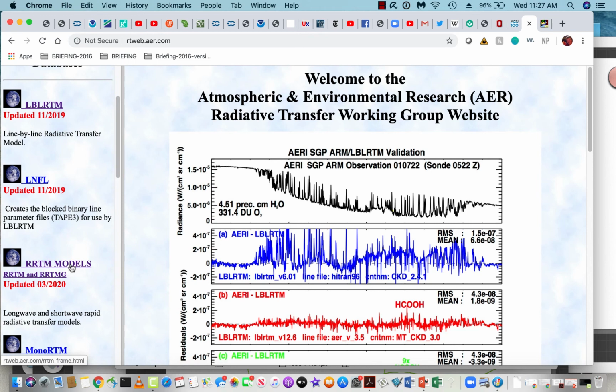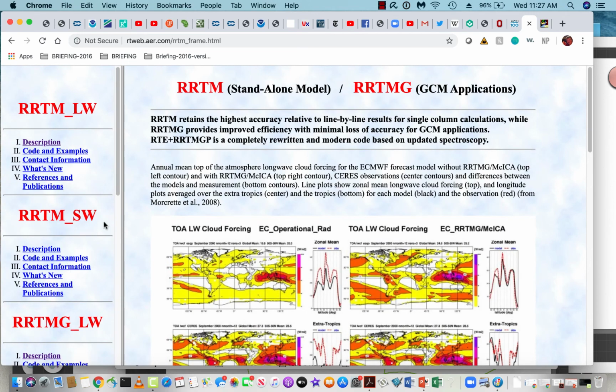And I think the ECMWF explicitly uses the RRTM-G model. These are very recently updated. RRTM retains the highest accuracy relative to line-by-line results for single column calculations. RRTM-G improved efficiency with minimal loss of accuracy for GCM applications.